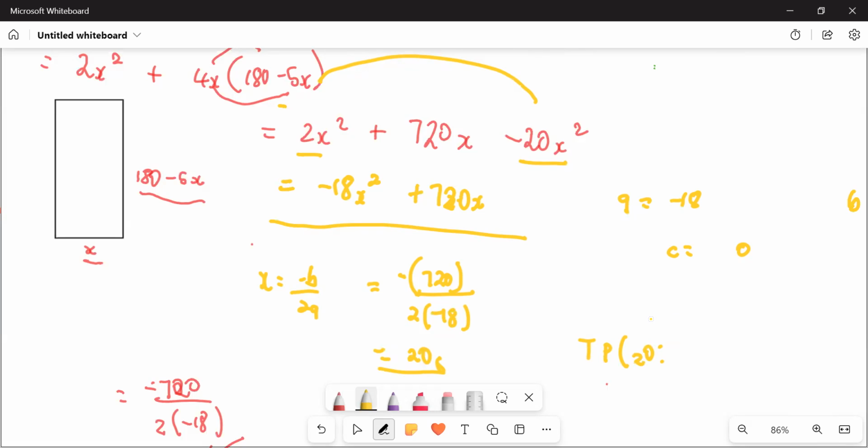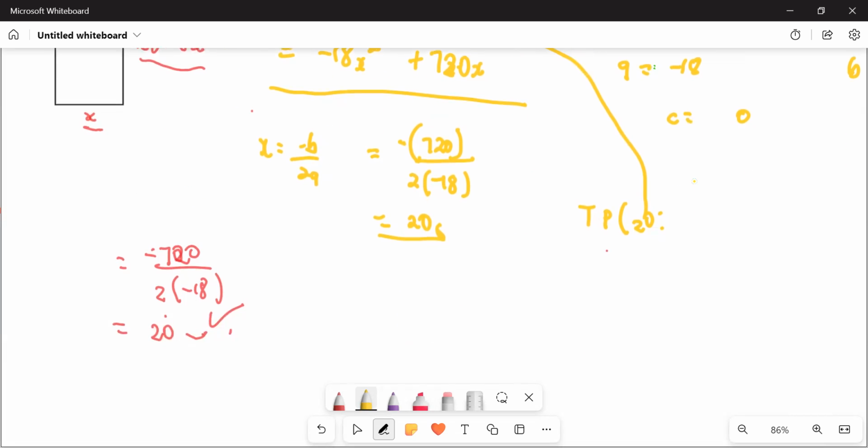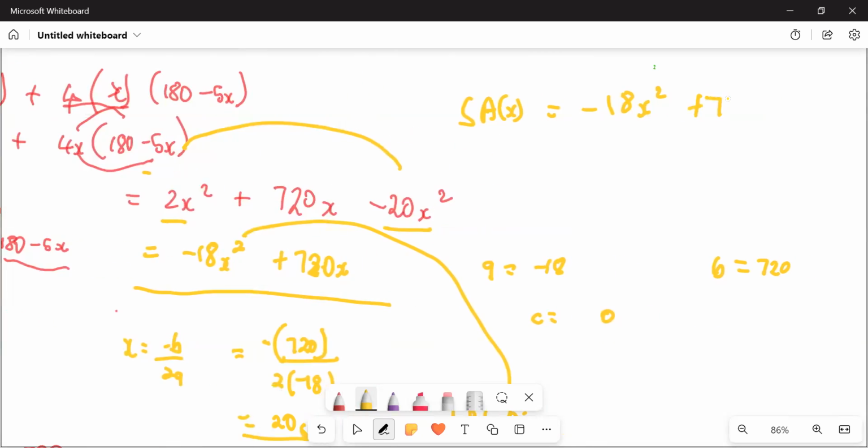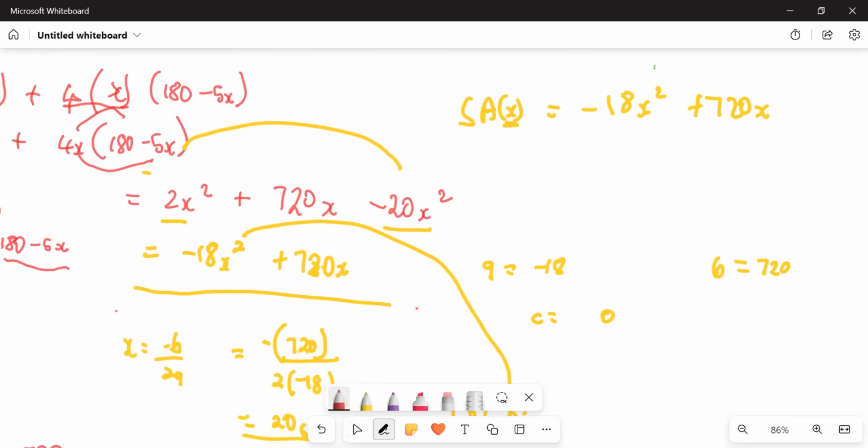So how do you get the y value? You are going to take this 20 and substitute it in this formula. It says the surface area in terms of x is given as minus 18x squared plus 720x. Now we know what x is. So instead of x here, what are we going to put?